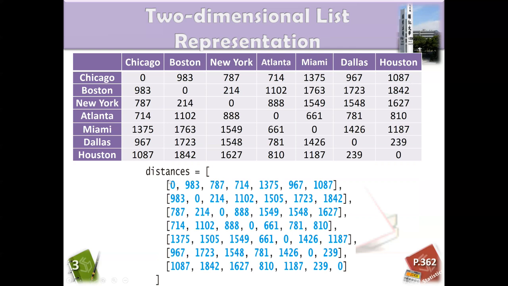We put it with another list. So it's a comma. It means in the large list, this is the first element, and the first element includes 6 elements. So this comma is important.